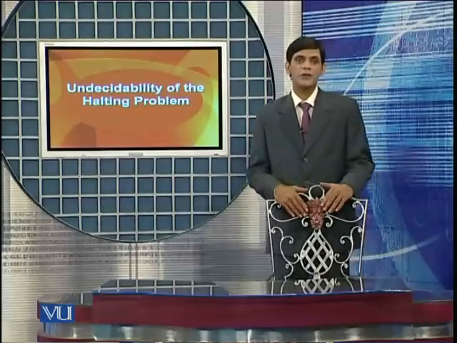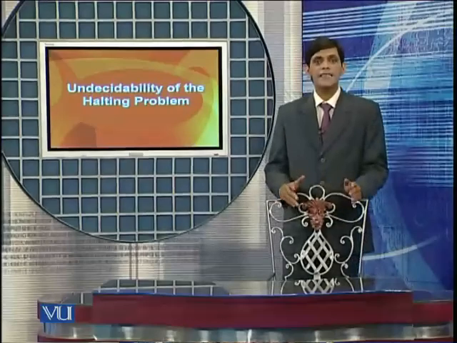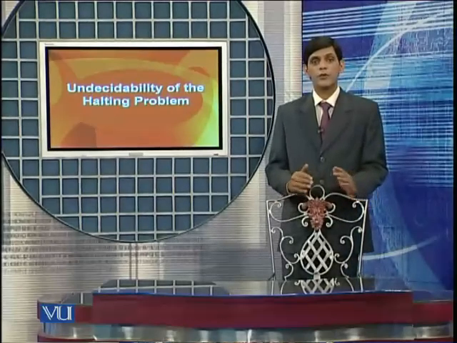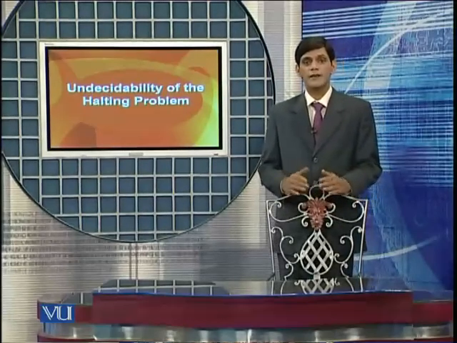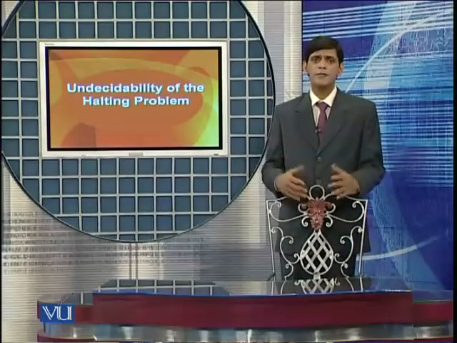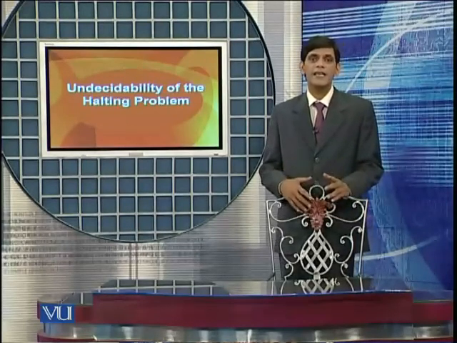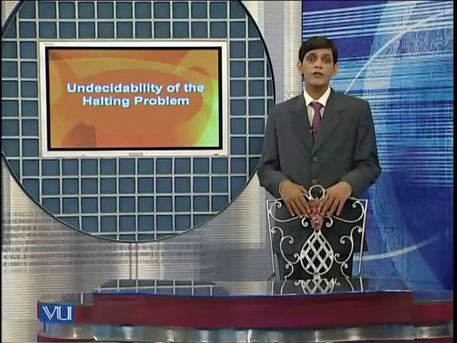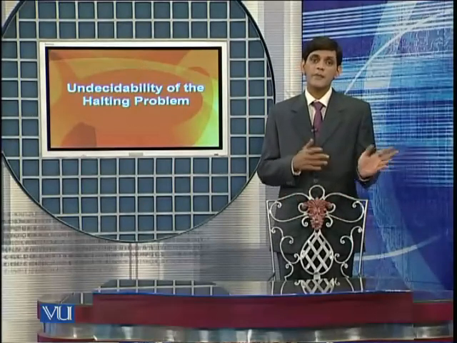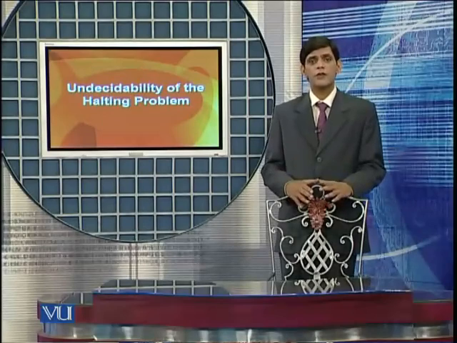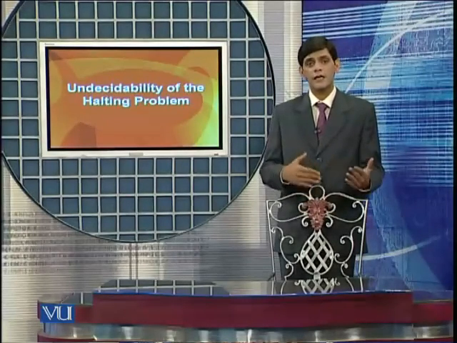Well, I told you that we will be using the technique of diagonalization in order to prove that the halting problem is undecidable. However, in this proof, it's not very clear that we're using any kind of diagonalization or that it is similar in some sense to the proofs that we did in the earlier lecture.